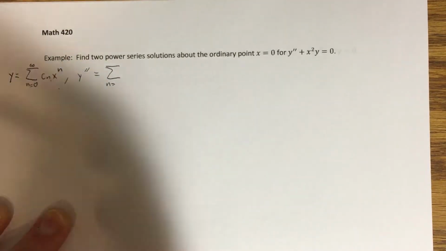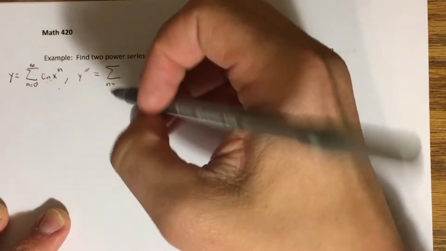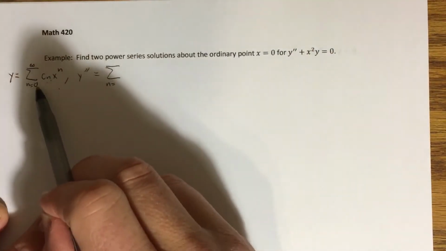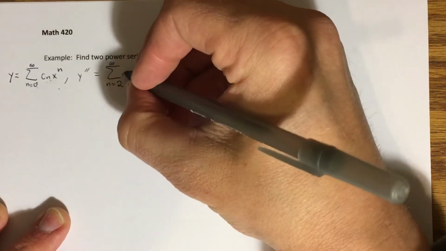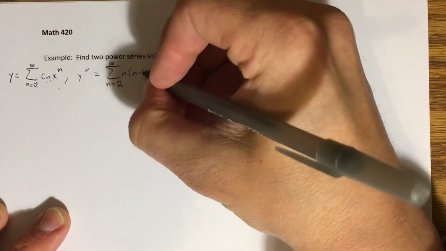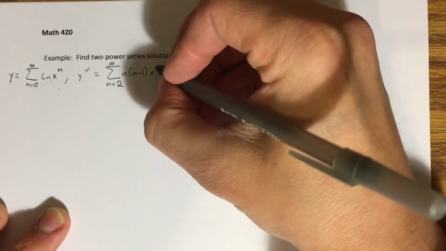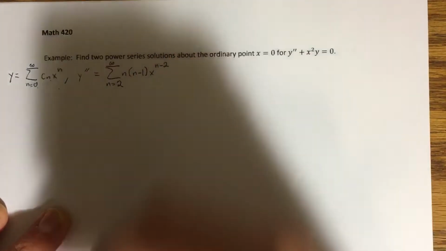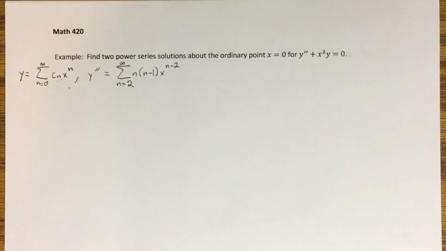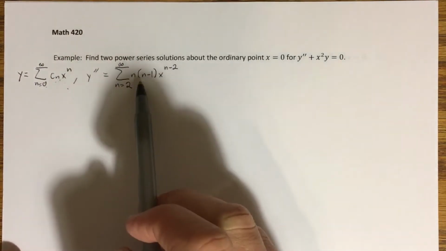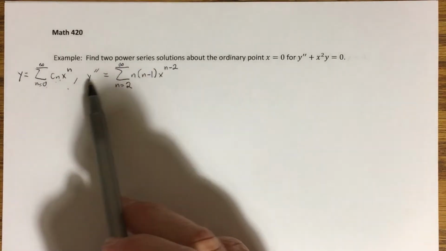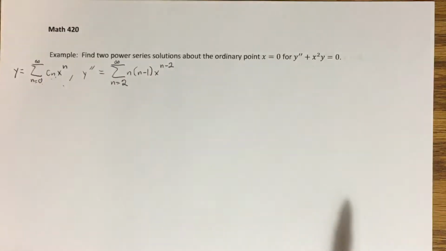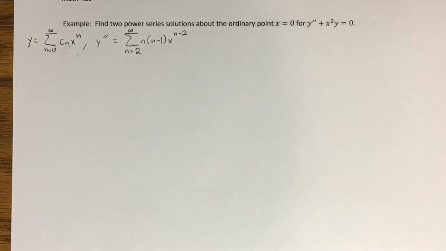They both become zeros by the time I take their second derivative. So instead of starting at term 0, we're going to be starting at term 2, n equals 2 to infinity. And then my power rule applied twice will give me a term that looks like this. You should be able to verify that without too much trouble. In other examples, we'll do y, y prime, and y double prime, but we don't need y prime for this DE. It doesn't show up anywhere.